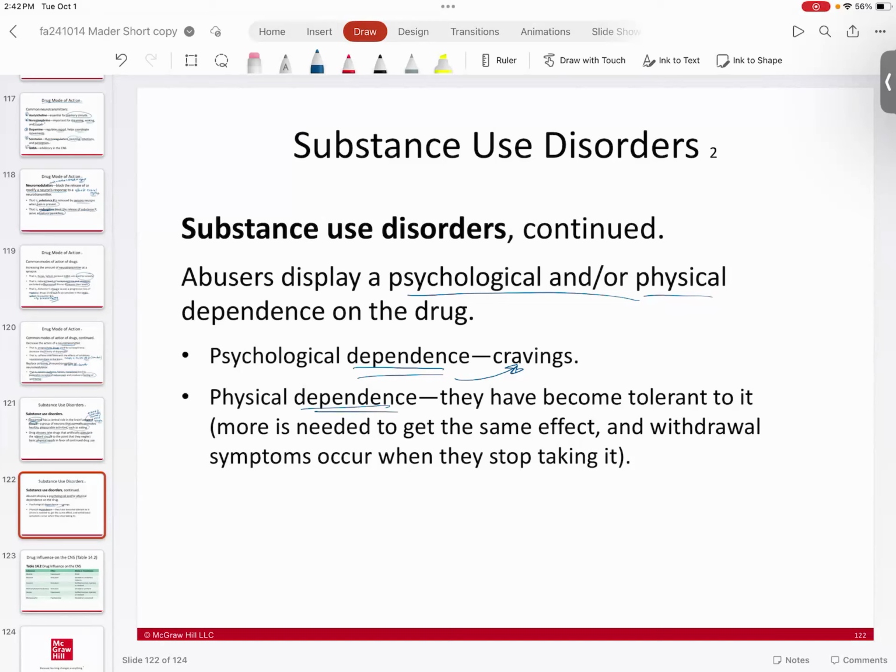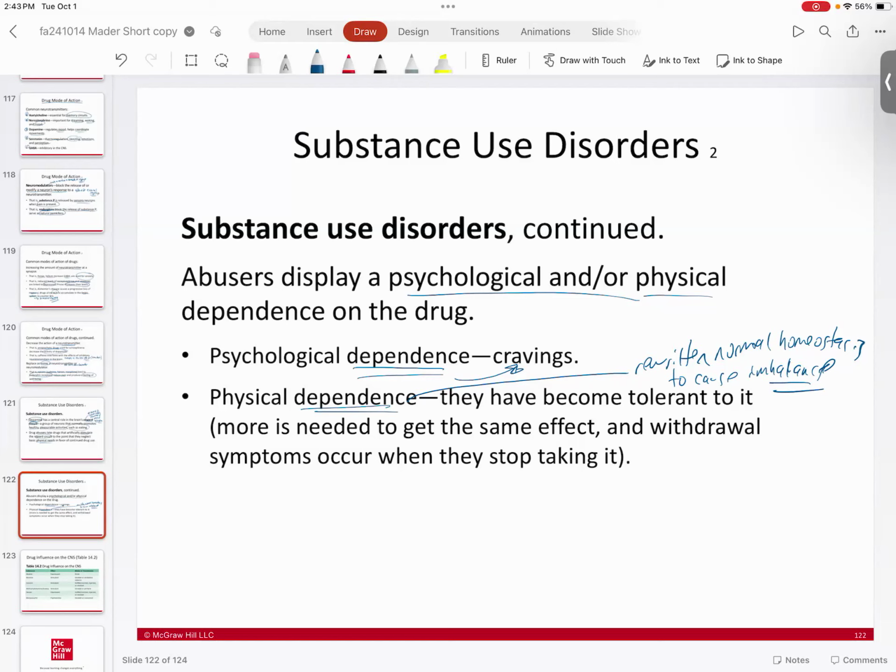And so what's happened is when you have a physical dependence, you've sort of rewritten normal homeostasis, to cause imbalance. It's kind of like physiological dysfunction, right? One of the things I used to say is, to a dysfunctional person, functional looks dysfunctional, right? To a dysfunctional physiology, functional looks dysfunctional.